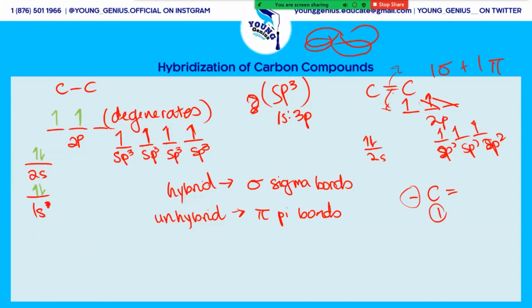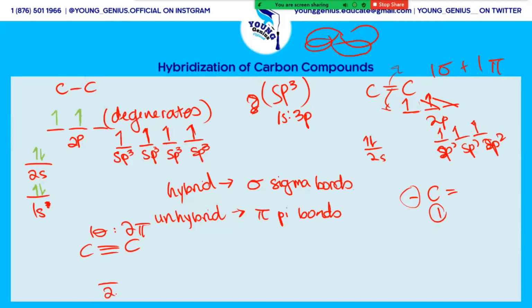So from the double bond, you have one sigma bond and one pi bond, and that's caused by you having three sp2 hybrid orbitals and one free p orbital, right? Now, in the case of alkynes, where you have C to C triple bonds, you have one sigma bond and two pi bonds. And this is as a result of sp hybrids.